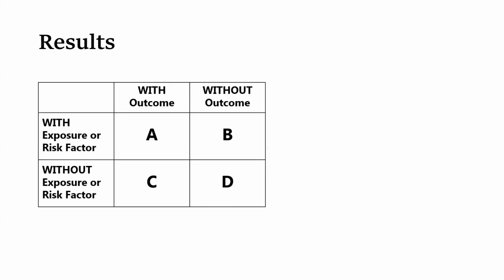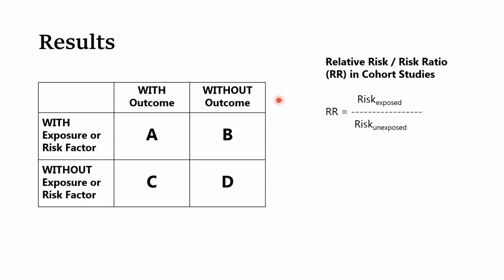We have this table with the exposure and non-exposure, and those with the outcome and without outcome. Remember, the outcome is a harmful outcome since this is a cohort study. Relative risk or risk ratio in cohort studies is the risk in the exposed group divided by the risk in the unexposed group.